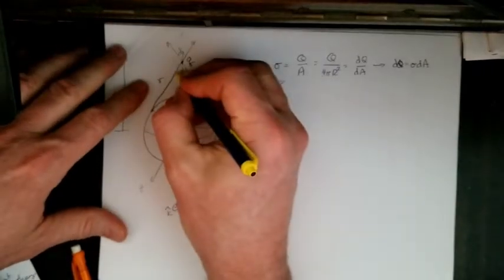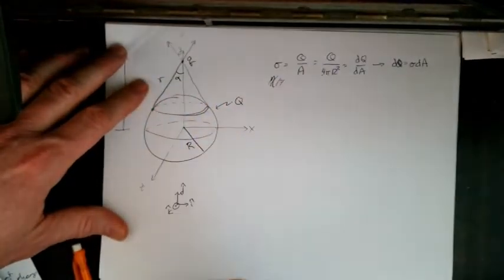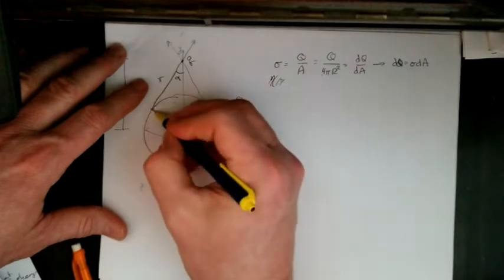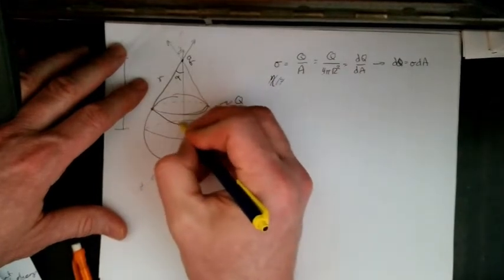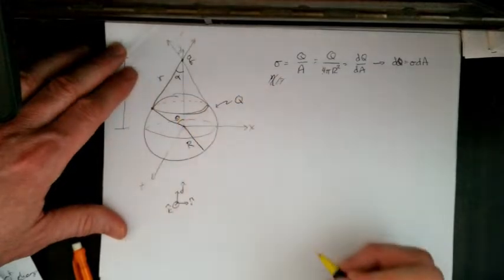I need a temporary angle here, so I'm going to label that alpha. This angle right here, that angle right there, is theta.